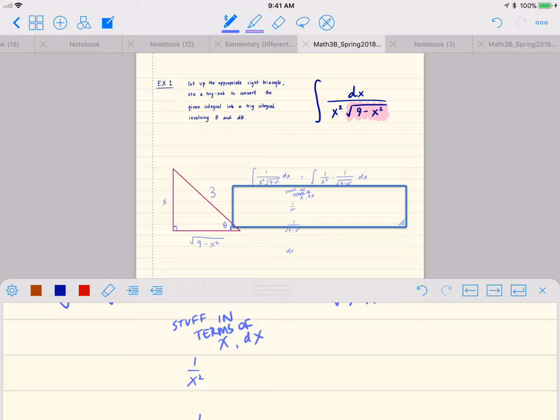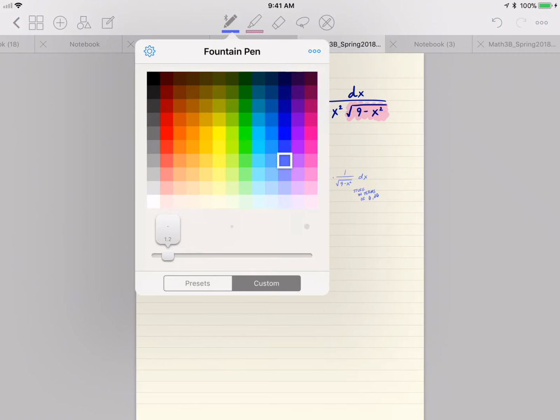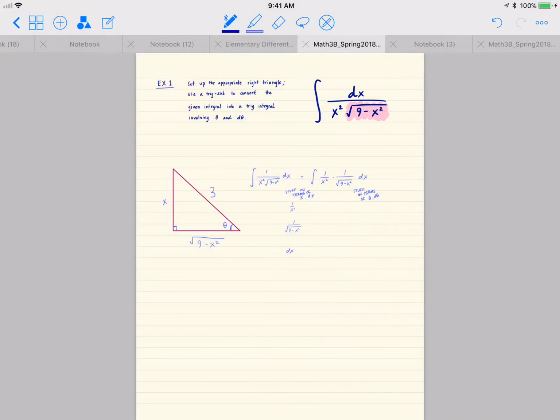And I want to convert it into stuff in terms of theta and d theta. I'm going to use the triangle to help me figure this out. So we can actually go ahead and make a nice little chart here. That'll be possibly helpful.